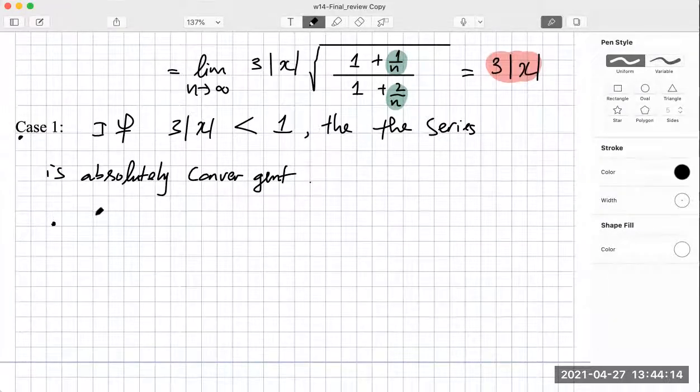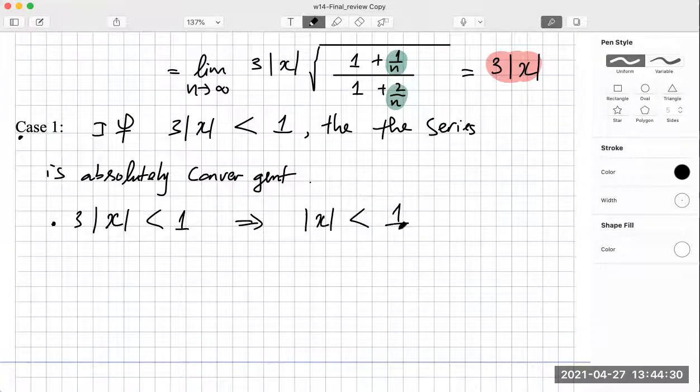So we see that 3 absolute value of x smaller than 1 means that when we divide both sides by 3, we have that absolute value of x is smaller than 1/3 here.